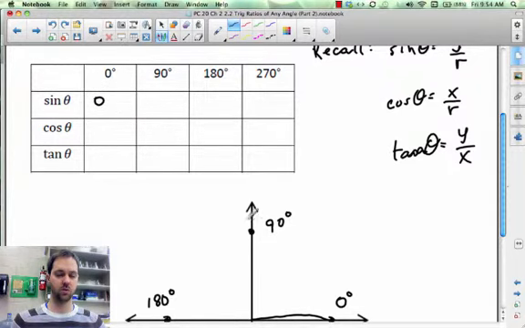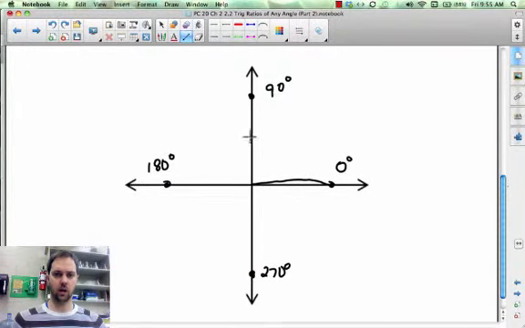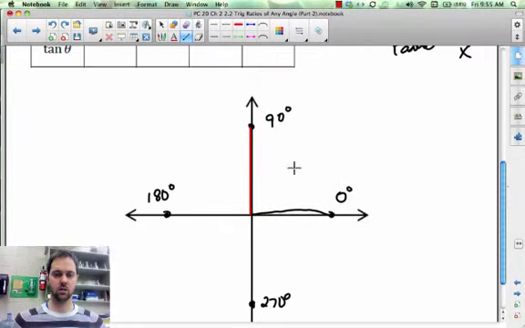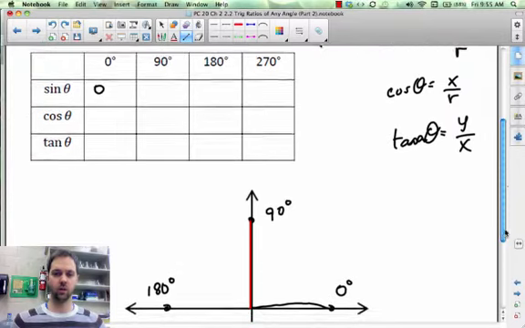Now let's look at sine of 90 degrees. We can draw our angle in here. This is the r. Now, what component of it is vertical and what component of it is horizontal?